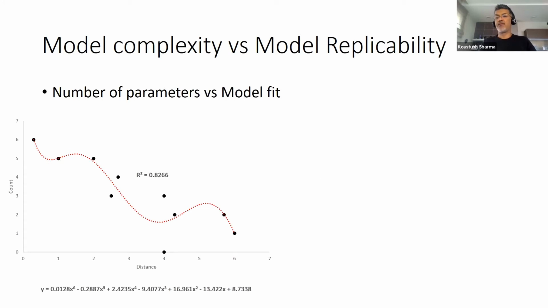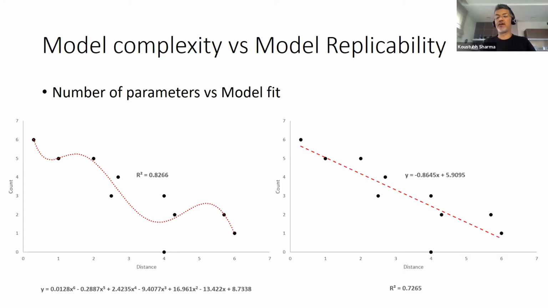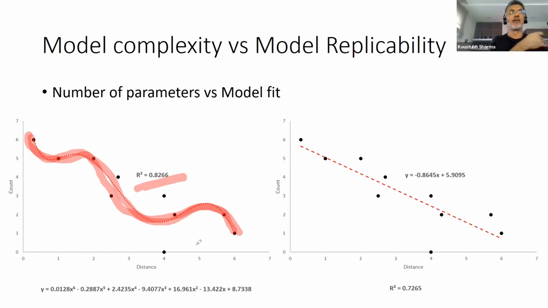Now, if I show you these two graphs, what certainly looks like is this one is matching the data much better. And how do we confirm that? Simply, the r square value of this one is 0.82, which is fairly high, fairly close to 1.